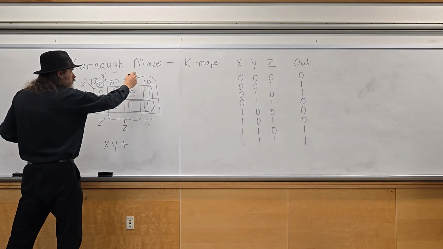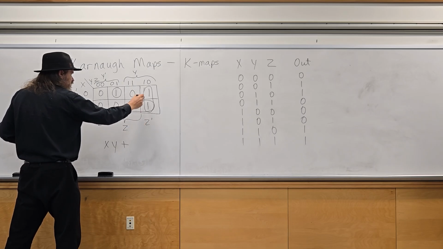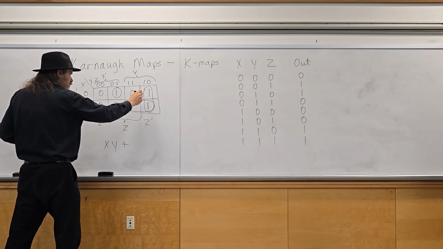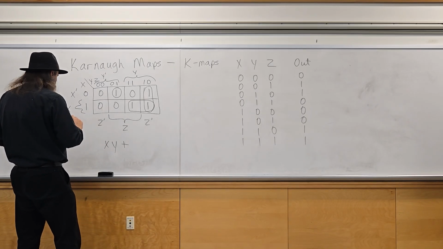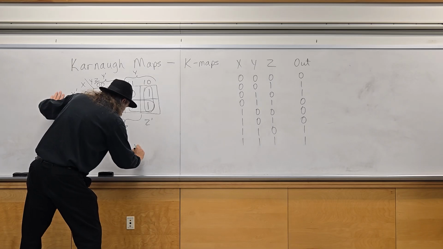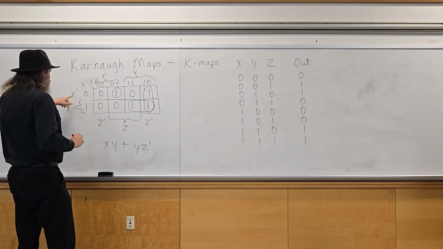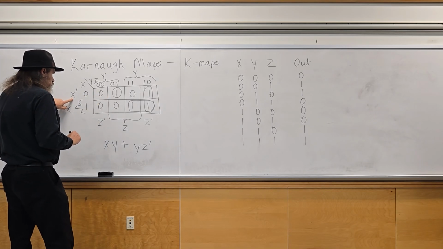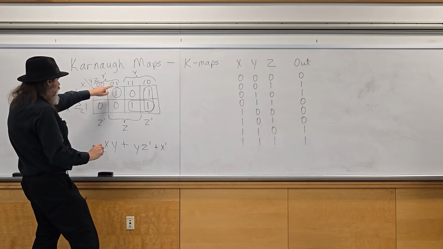Here it has Y and not Z. And the X doesn't matter. And then you have the 1 that has the X prime, Y prime, Z.